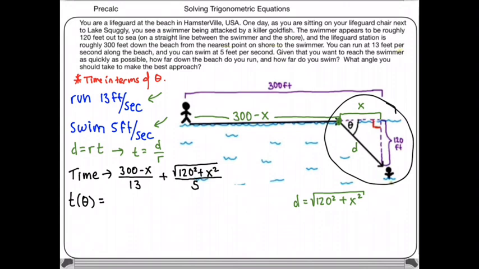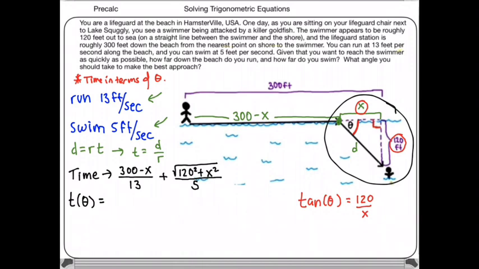Okay, so concentrating on the triangle right here, we want theta in terms of x, so we want to work with the opposite side and this adjacent side. So I can write, and I'm just going to get rid of that little Pythagorean theorem bit here, the tangent of theta equals 120 over x.